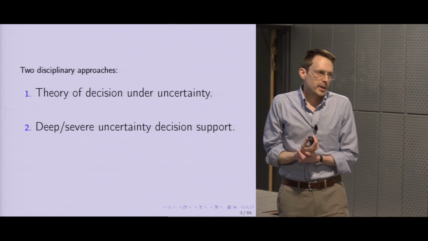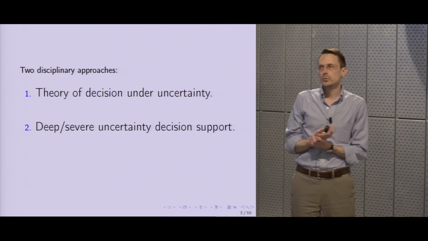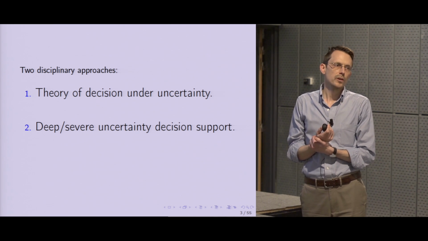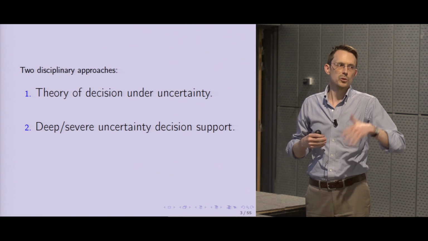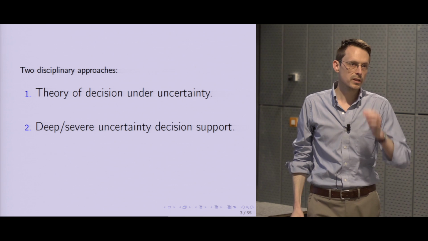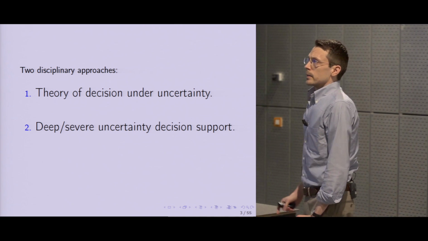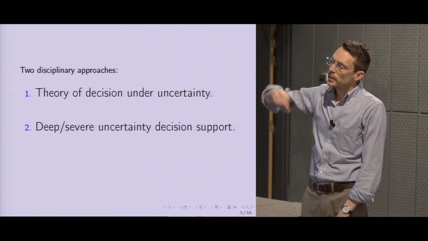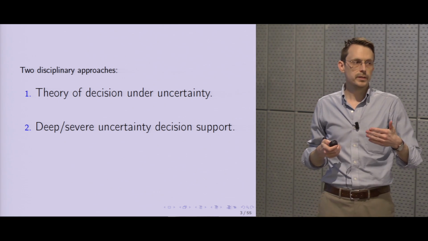About what that perspective is, the bigger picture goal is really to compare 2 disciplinary approaches. Rather, we're comparing these 4 methods in particular, but it's a way of getting to a comparison between these 2 disciplinary approaches. So let me tell you what those are. In the first one, by uncertainty I mean it in the same way that Jakob said, the distinction between risk and uncertainty.